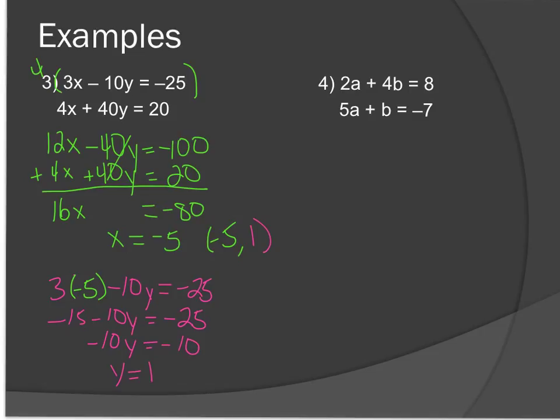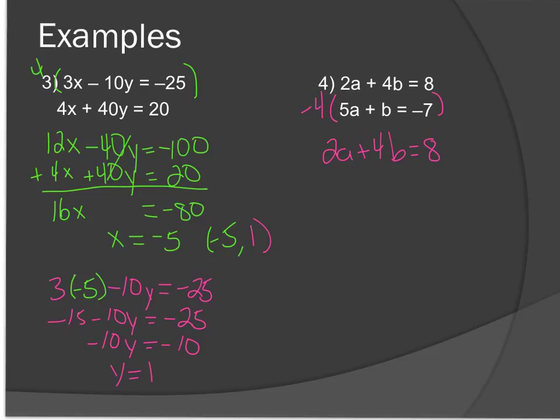All right, let's see, number 4. Okay, so a's lined up, b's lined up, and equal signs. We don't have any of the same coefficients. But I noticed for my b's, the first one has a 4b, the second one's a 1b. So I could multiply the second one by negative 4, keeping the first equation the same.